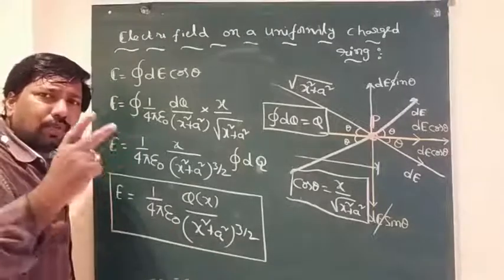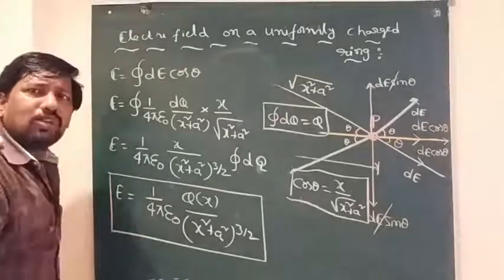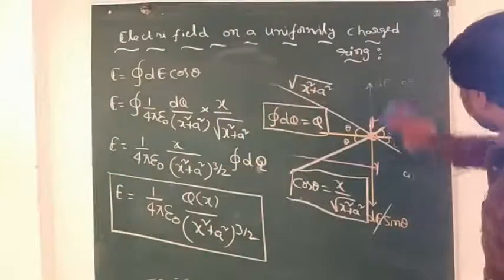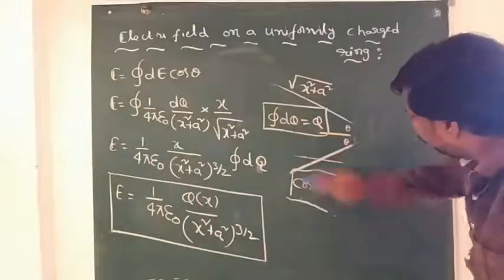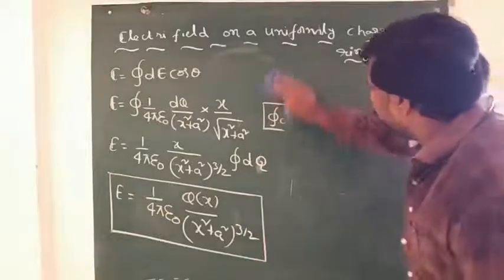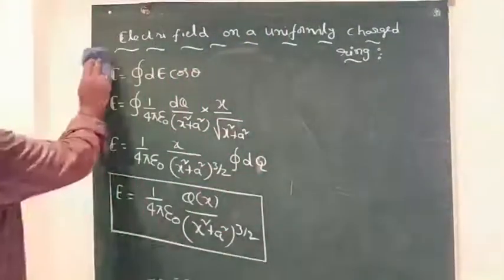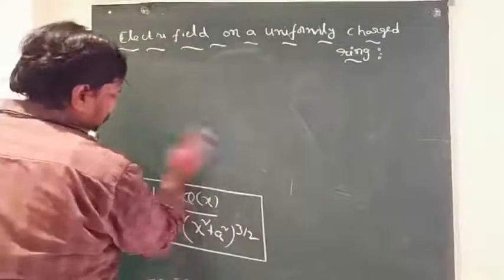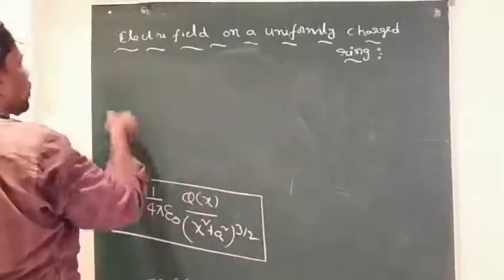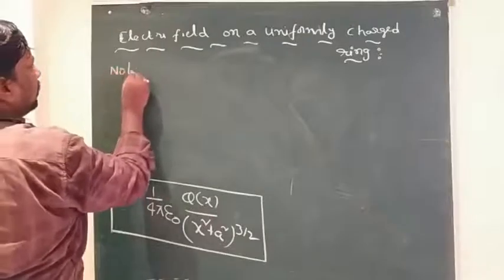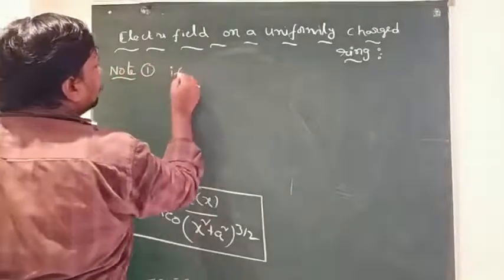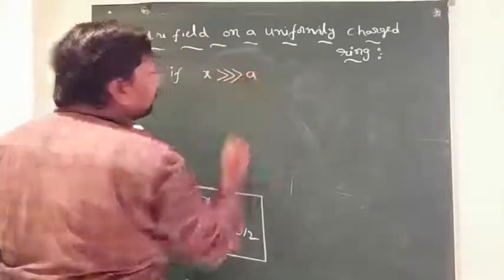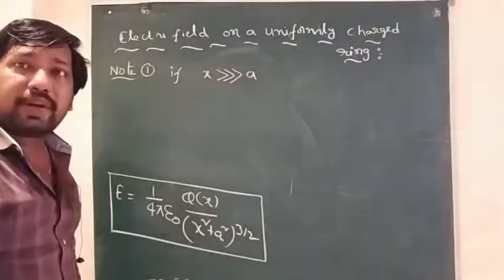Now there are two important points. First note point: if the given point is at a large distance, comparable to the radius of the ring.